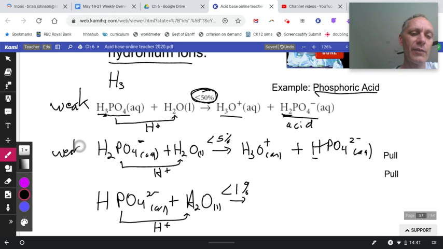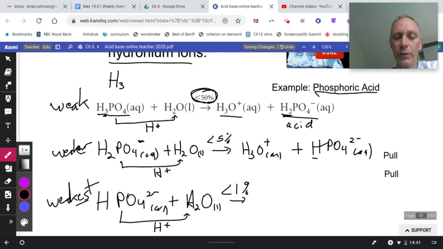This one is weaker, and this one is the weakest. Okay, it's like the Goldilocks theory, the 3 bowls of porridge. Weak, weaker, and weakest.